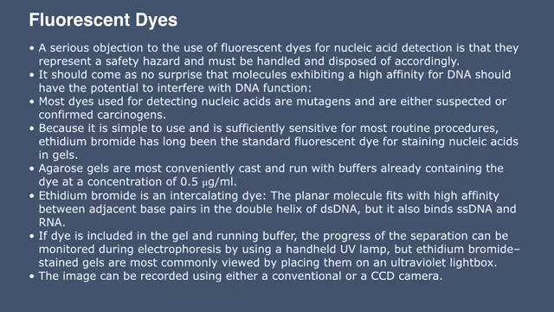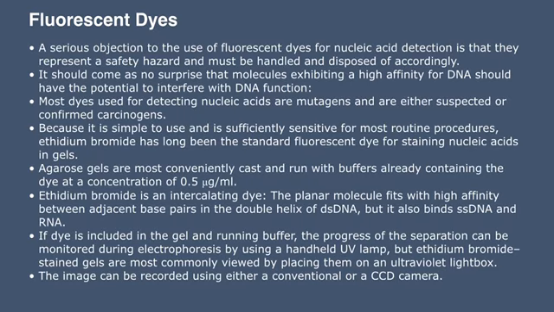A serious objection to the use of fluorescent dyes for nucleic acid detection is that they represent a safety hazard and must be handled and disposed of accordingly. It should come as no surprise that molecules exhibiting a high affinity for DNA should have the potential to interfere with DNA function.